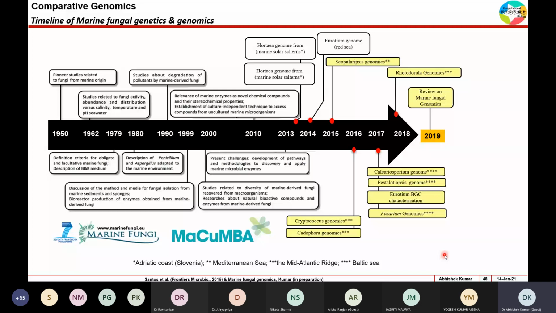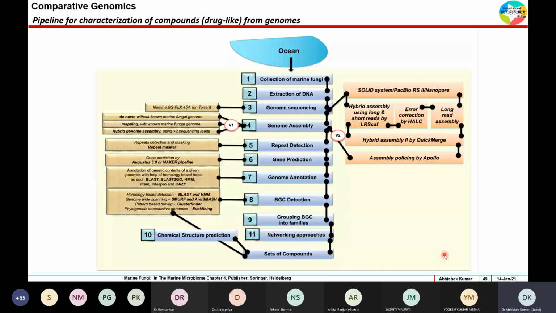So it works like this: you collect the sample from a marine source, bring the marine sample to the lab, and in the lab you try to grow them, and if it is growing, you can take them for DNA extraction and do whole genome sequencing.